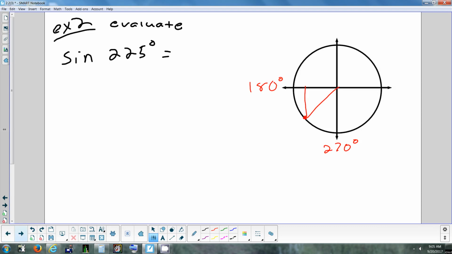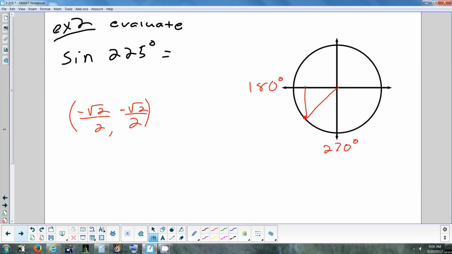Yeah, it has to be the 45-45-90. So, anyone think they can give me the coordinate for 225? Yeah. Negative root 2 over 2. Sorry, I said it correct, wrote it wrong. And then negative root 2 over 2.